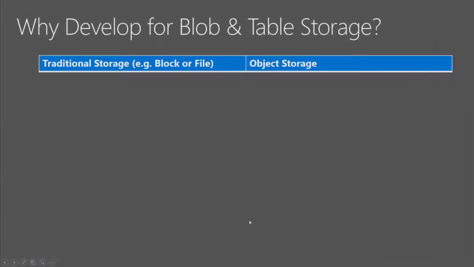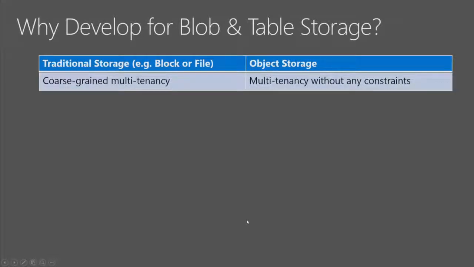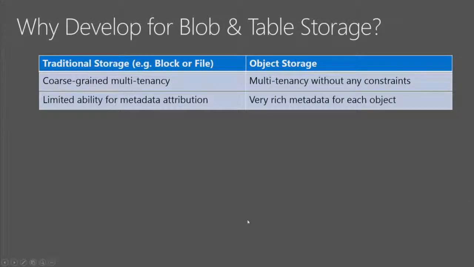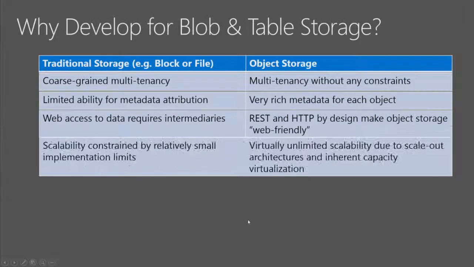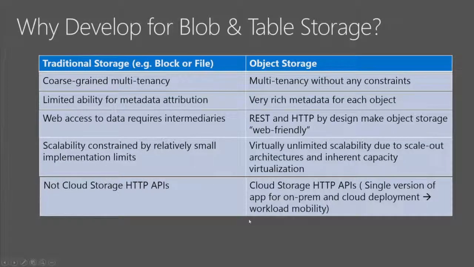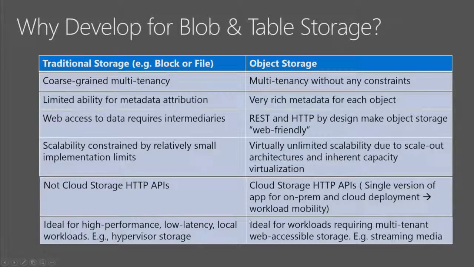Now, I have a slide here that's really more intended as a reference material because in the interest of time, I'm not going to go through each one of these rows. There are a variety of good reasons on why developers should really care about object storage at all. Should they even worry about blobs and tables for on-prem application purposes, development purposes, right? So the bottom line here is probably the last row there.